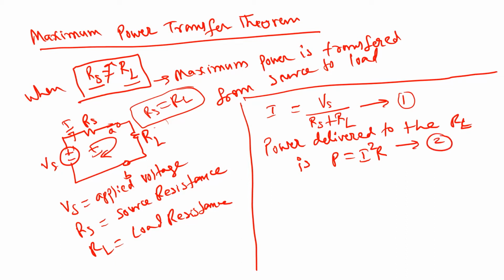Now we substitute the I value in equation 2. I is equal to Vs by Rs plus RL, the whole square, into RL.